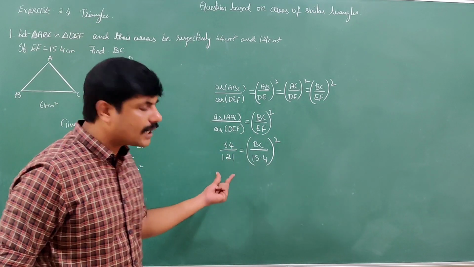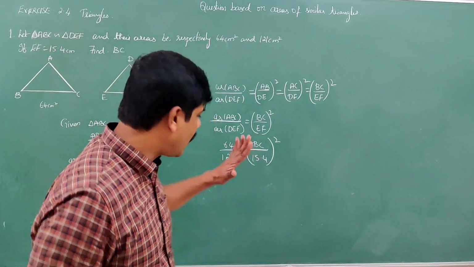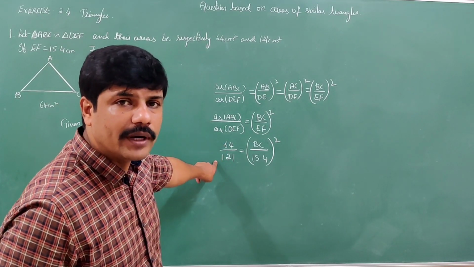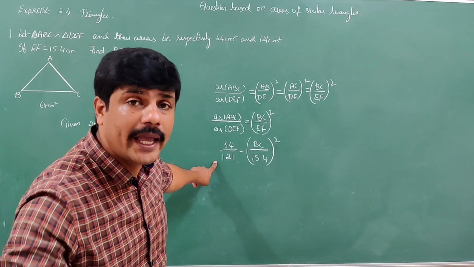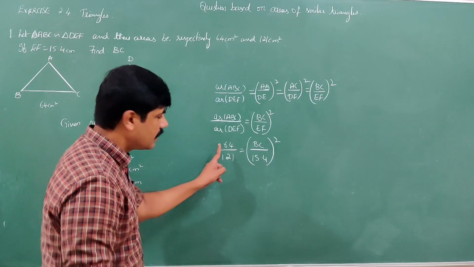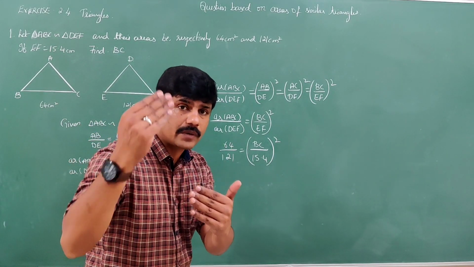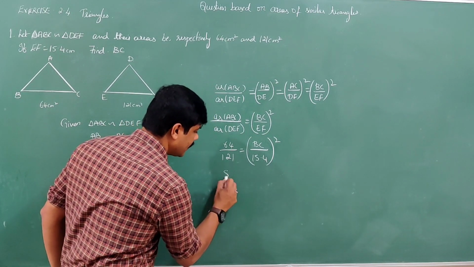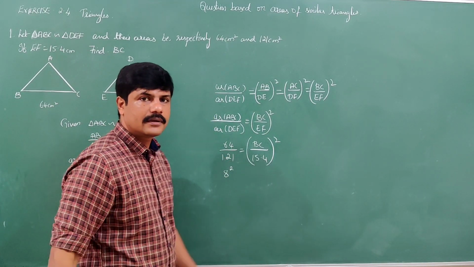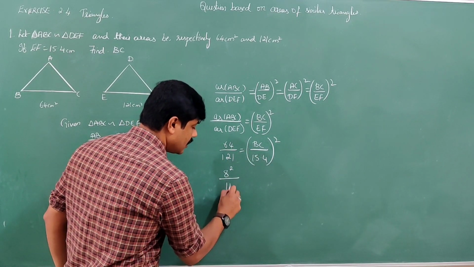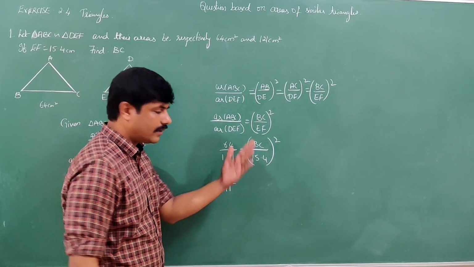So 64 and 121, if you observe properly, you will come to know that they are square numbers. They can be expressed in terms of square. 64 is nothing but 8 square, 8 into 8, 64. 121 is 11 square, 11 into 11, 121.